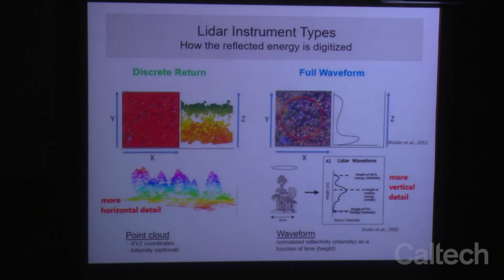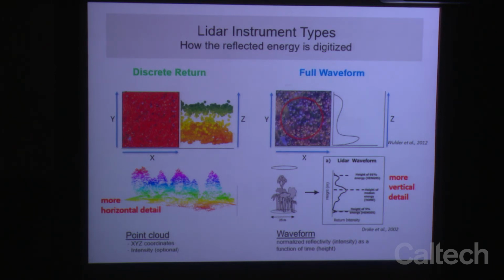But there's a couple different kinds here. There's discrete return LIDAR, where basically you're looking at point scatterers and you derive as a product what's termed a point cloud. So you get data that are in XYZ coordinates, and you can look at surface structural features that way.